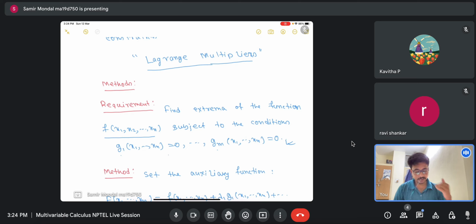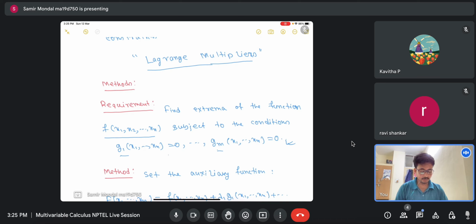So what is our requirement? Our requirement is to find the extrema of an n variable function subject to conditions. Suppose m conditions, m restrictions are there, g1, g2 up to gm. Depending on those restrictions, you have to find the extrema of the function f.